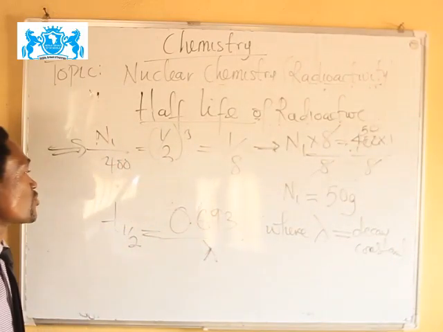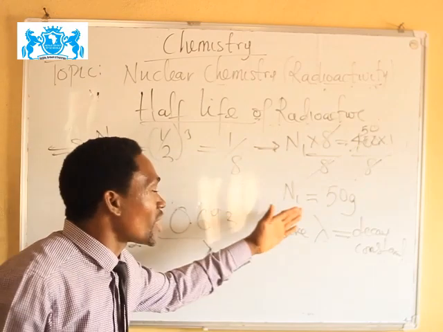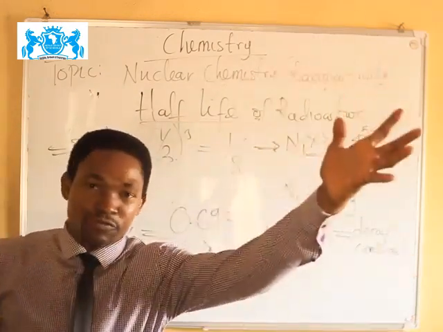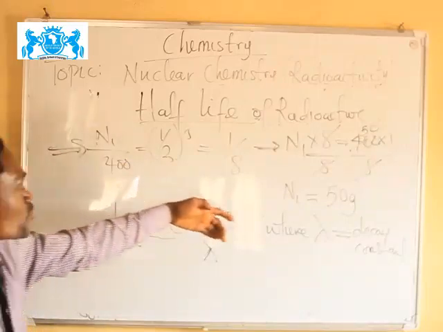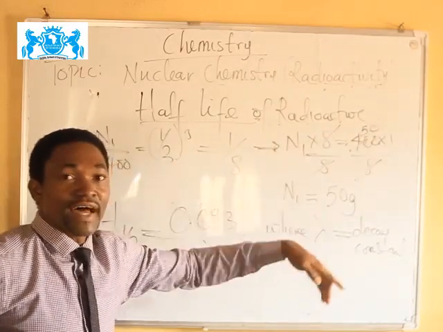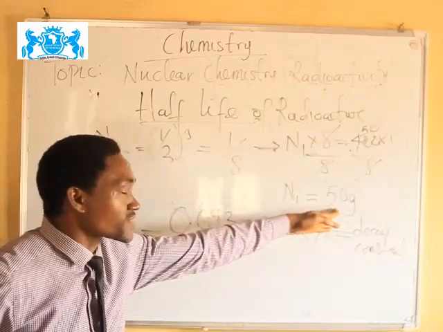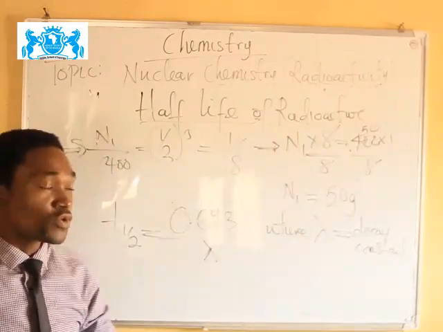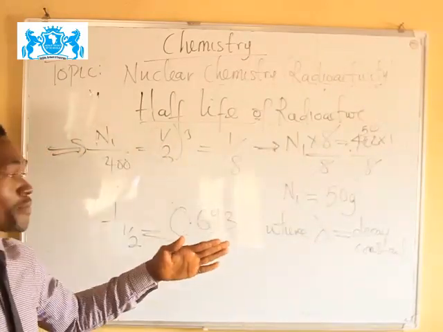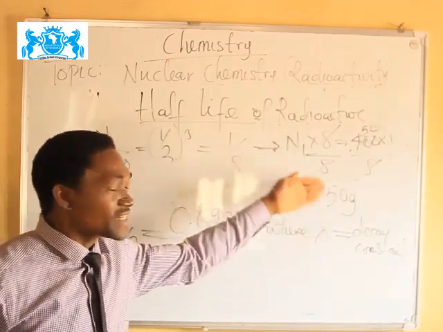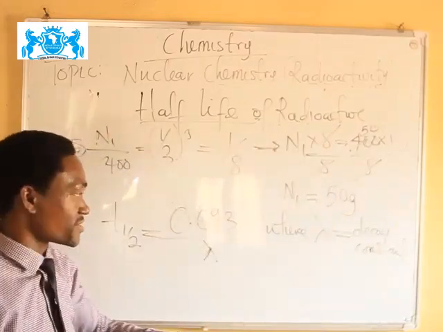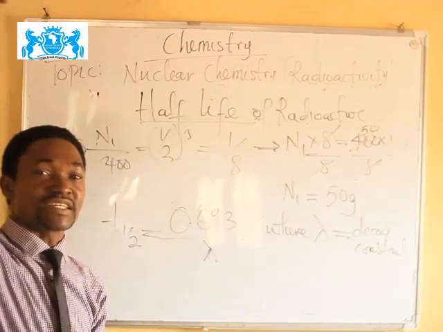And in a case where you were told what mass has decayed off, you started for instance with 400 and you have lost some in the course of what is left after 15 minutes, you now say the original mass minus what is left after the whole decay series, and that will give the mass that has decayed off.